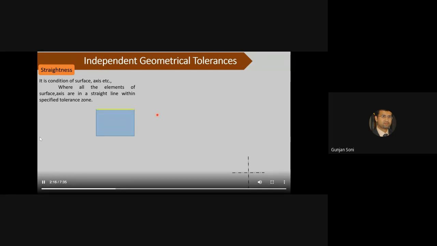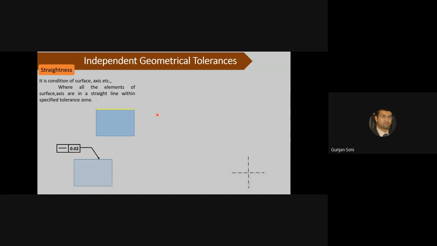Suppose we have to control straightness of the top surface of this job, then we will have to mention it using a feature control frame. In the first block, the straight line indicates the feature symbol for straightness, and this 0.02 is the straightness tolerance zone. This zone is defined by two parallel lines which are 0.02 distance apart from each other.